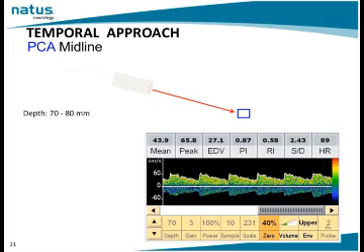But looking at the waveform here, and I apologize for that, this is our ipsilateral PCA, and the one below the baseline would be our contralateral PCA. And again, why do we do this? We're looking for pathology.